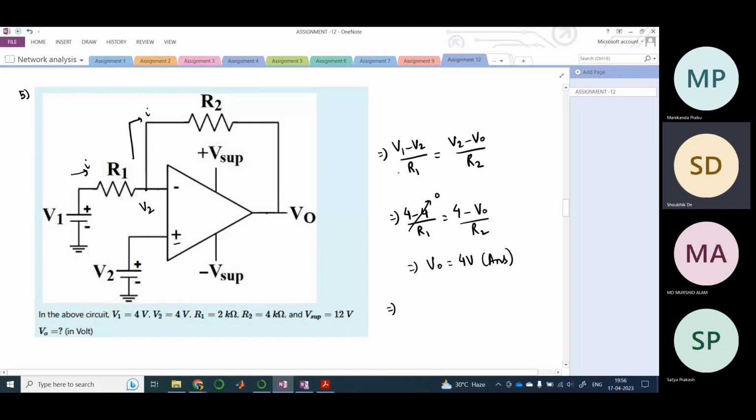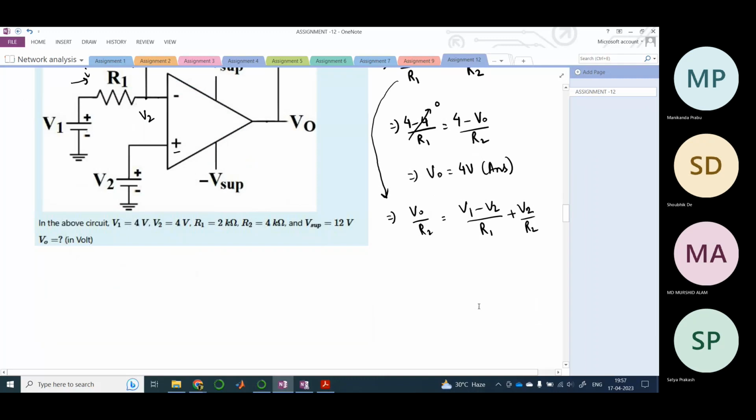If we concentrate on this equation and rewrite it, V0 would be V2 plus R2 by R1 times V1 minus V2.